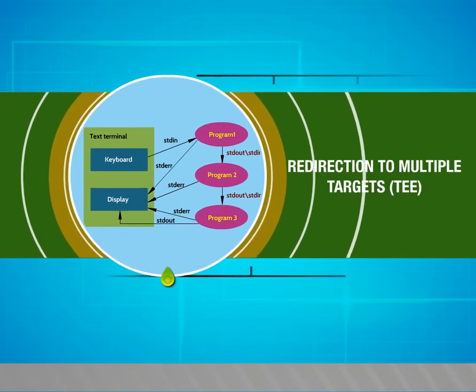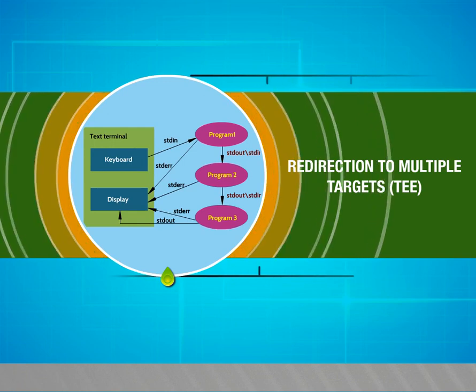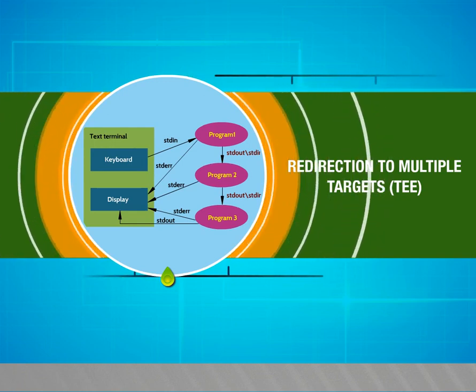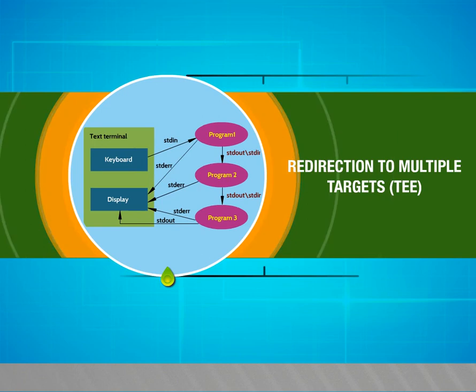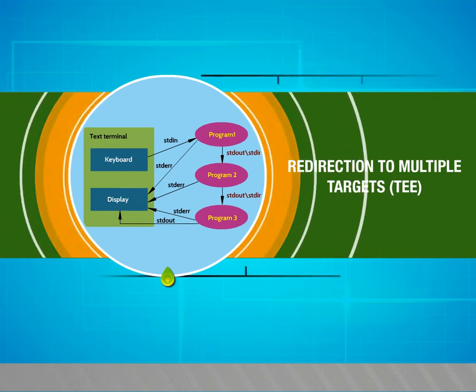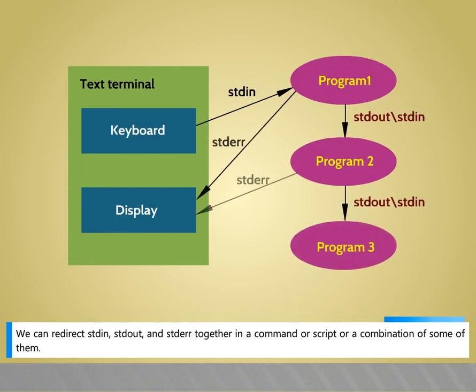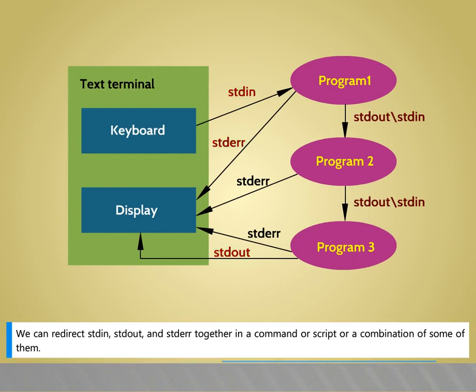Redirection to multiple targets, that is tee. In this video, we are going to see about redirection to multiple targets, that is tee. We can redirect stdin, stdout, and stderr together in a command or script, or a combination of some of them.